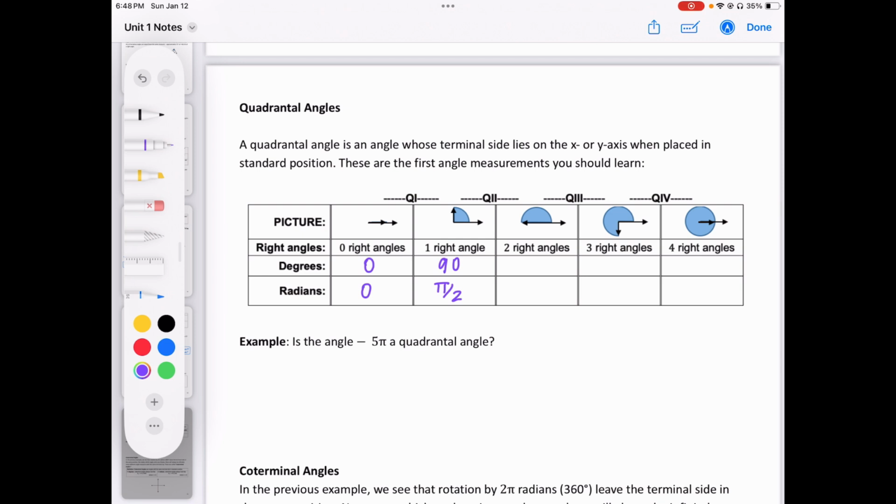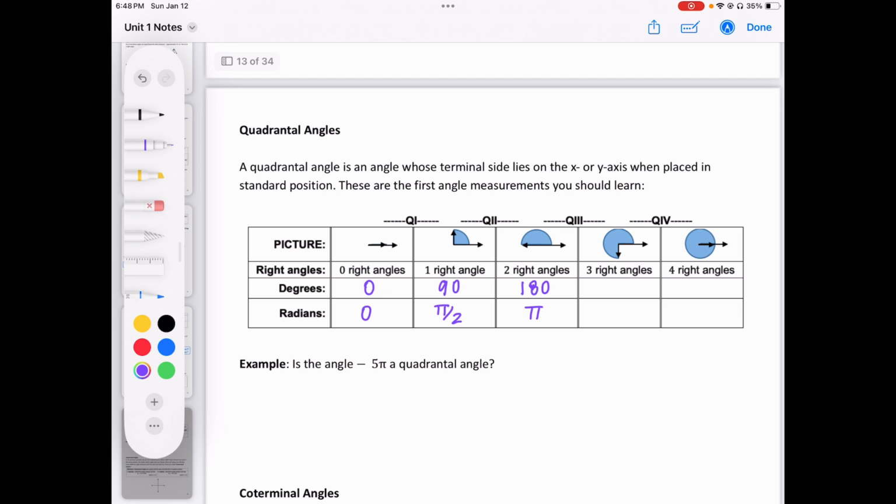If we move 2 right angles, we'll have a straight line at 180 degrees or at pi radians. If we move 3 right angles, we'll be at 270 degrees or 3 pi over 2 radians. And if we come all the way back around, we'll finish at 360 degrees or 2 pi radians.